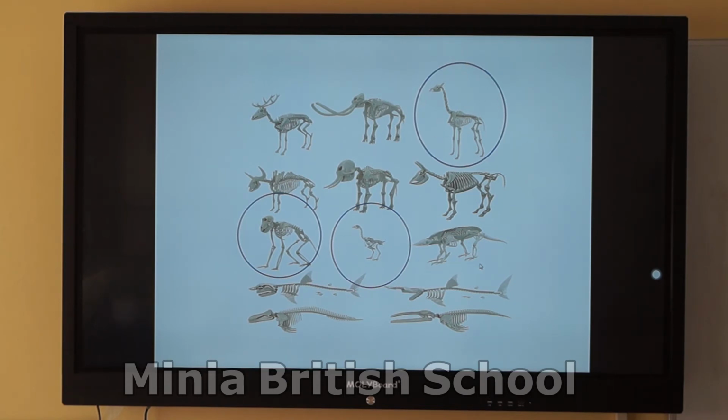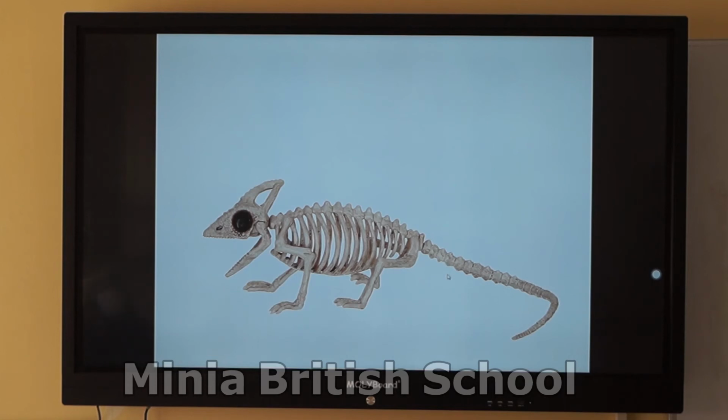Okay? Next, look carefully at this picture. This is the skeleton of what? Can you guess? Yes, a rat. Skeleton of a rat. But I want you to look carefully at this part.